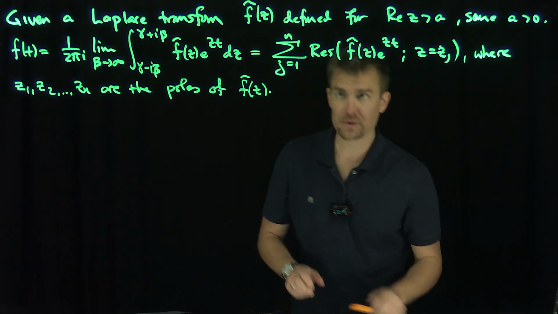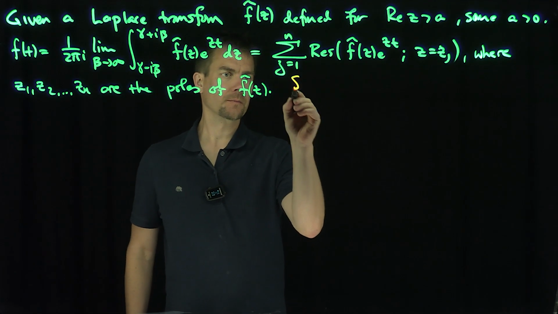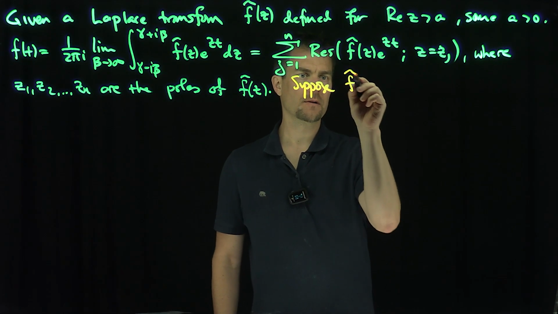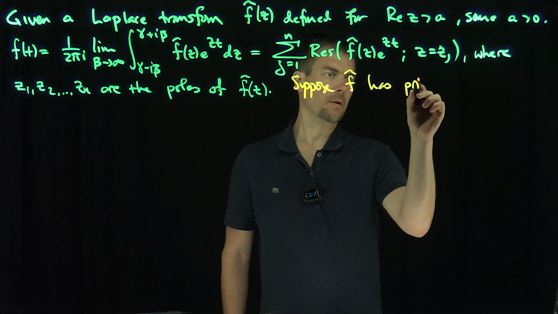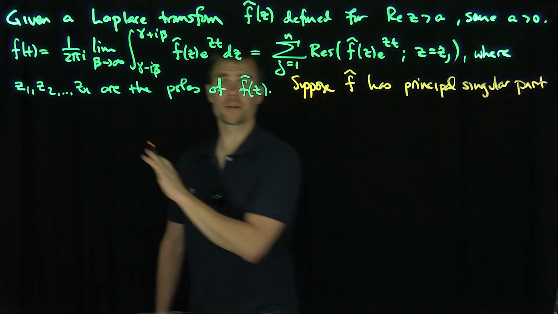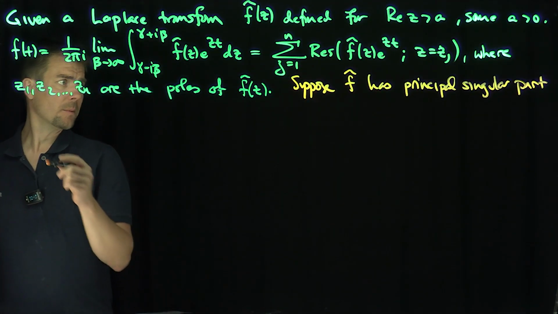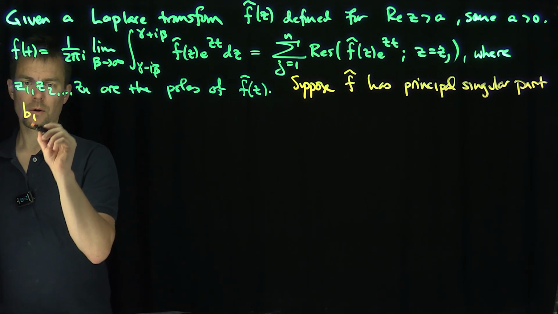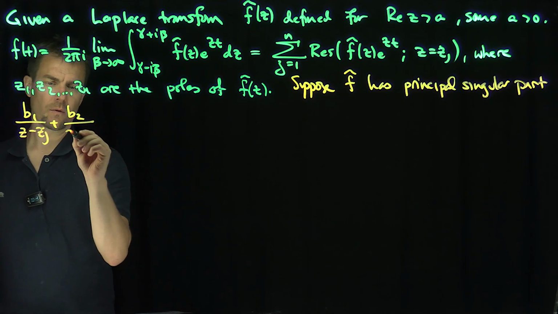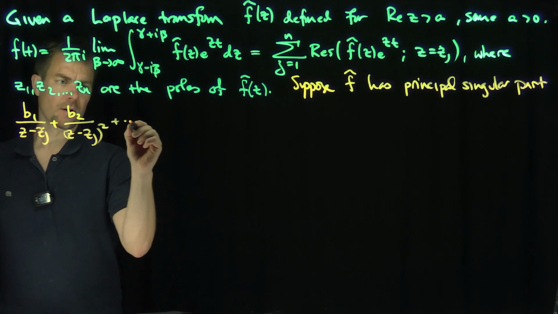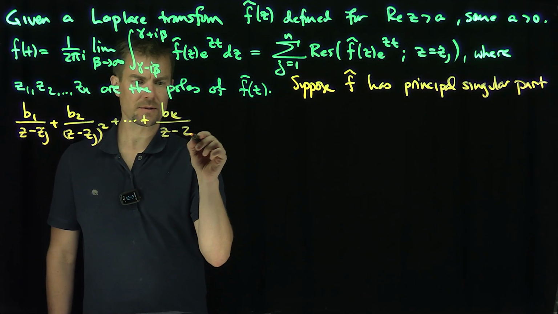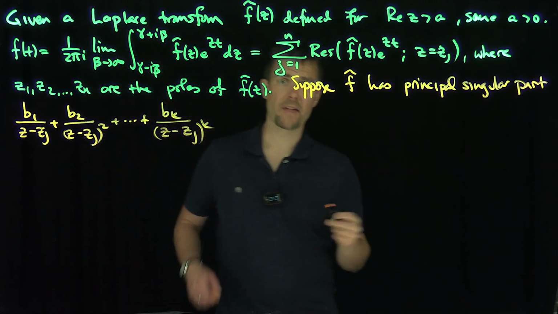So let's suppose at zj, f tilde has principal singular part, just the part of the Laurent expansion where there are negative coefficients: b1 over z minus zj plus b2 over z minus zj squared, all the way down to bk over z minus zj to the power k. That's the principal part of that pole, right?